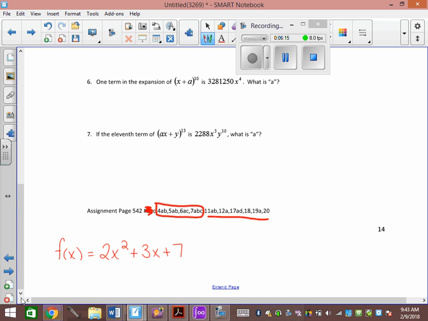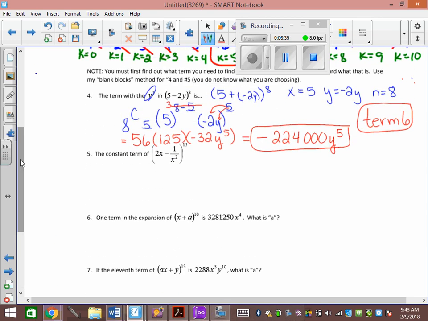If I fill in negative 2, this changes and this changes. If I fill in positive 7, then this would be 2 times 7 squared. It's going to change. Plus 3 times 7, which is 21. But is this 7 ever going to change depending on what I fill in for x? No, it remains constant. It will constantly always be 7. The constant is the number without a variable. Okay? So constant is the term without a variable.